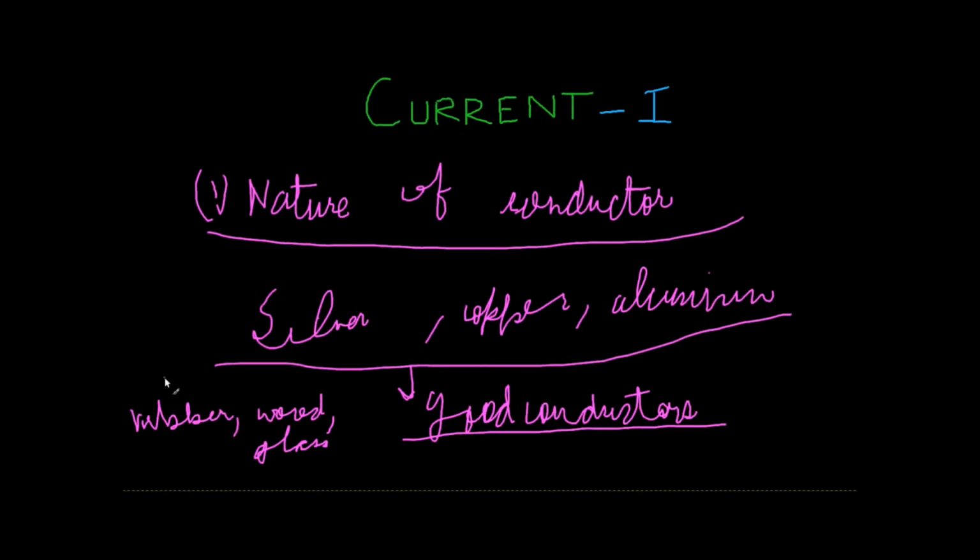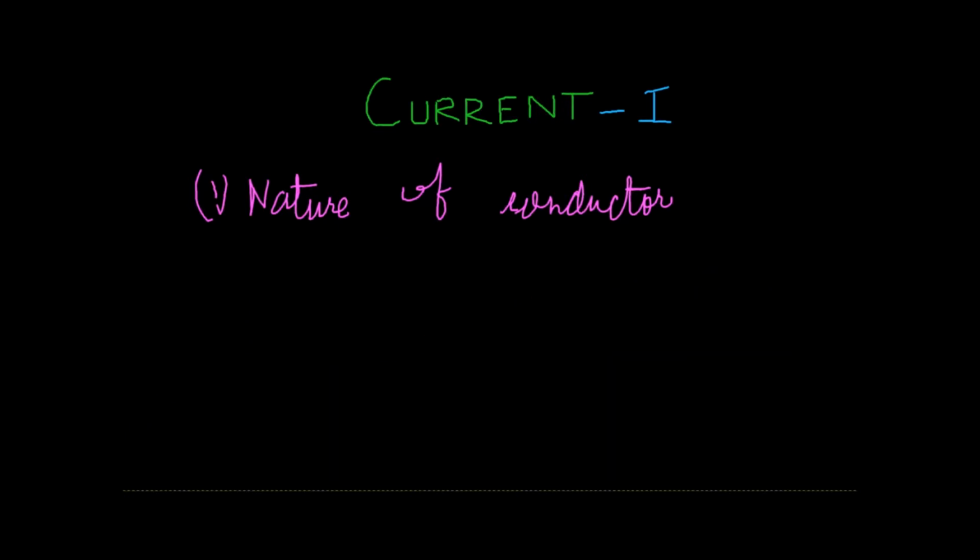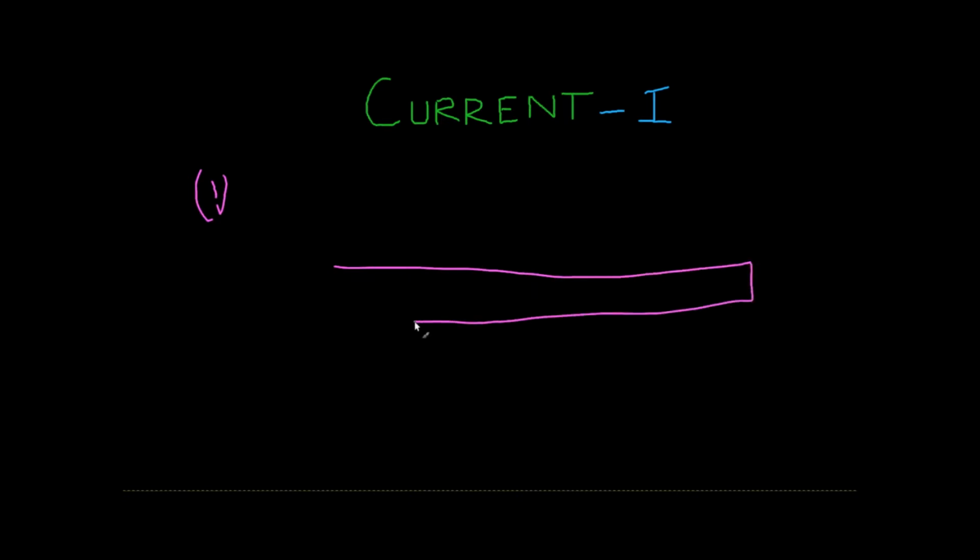Now let's move on to the length of the conductor. When electrons travel in a conductor, they collide with fixed positive ions, as stated in our Concise book. So the more the number of collisions, obviously the more the resistance. Electrons are basically the charge.